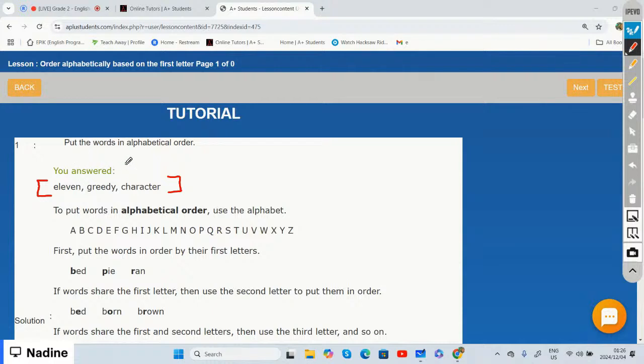So eleven, greedy, and character. We need to put these words in alphabetical order. Look at the first letter of the words. Which word are we going to put first, based on the first letter of the words alphabetically?